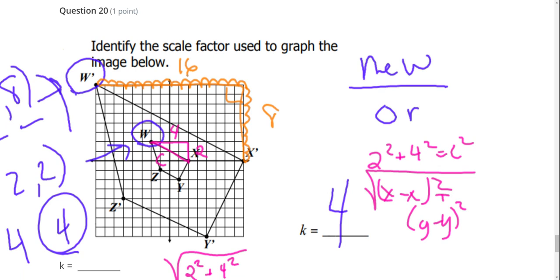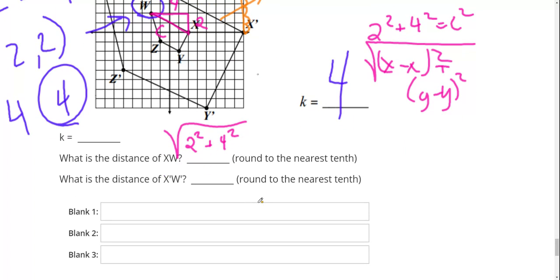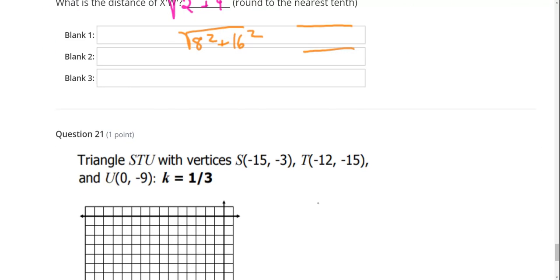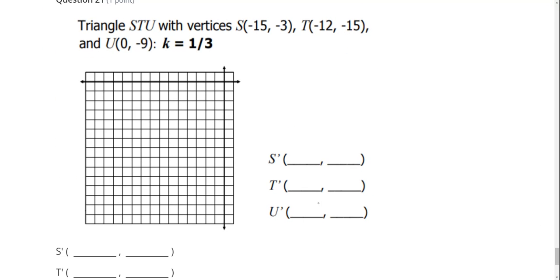I had a scale factor of 4. These are 4 times bigger. So that kind of makes sense, right? So then my Pythagorean theorem problem down here is the square root of 8 squared plus 16 squared. And then the directions say round to the nearest tenth. Okay. We good with 21?